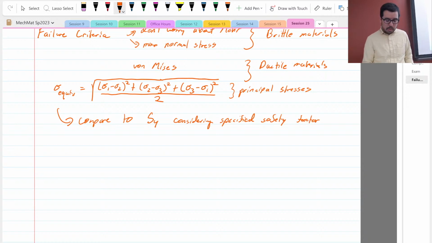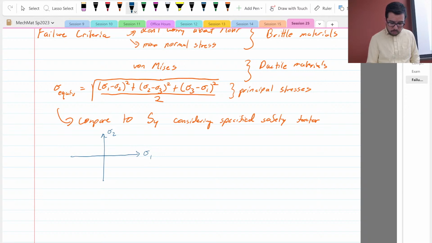And one other thing to know about von Mises is that on a sigma 1, sigma 2 plot, this is not a circle, you put out the points. That's probably about right. That's fine.